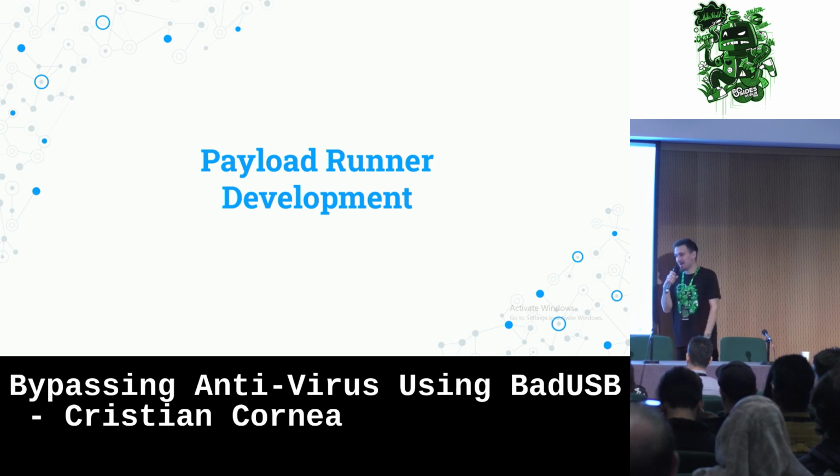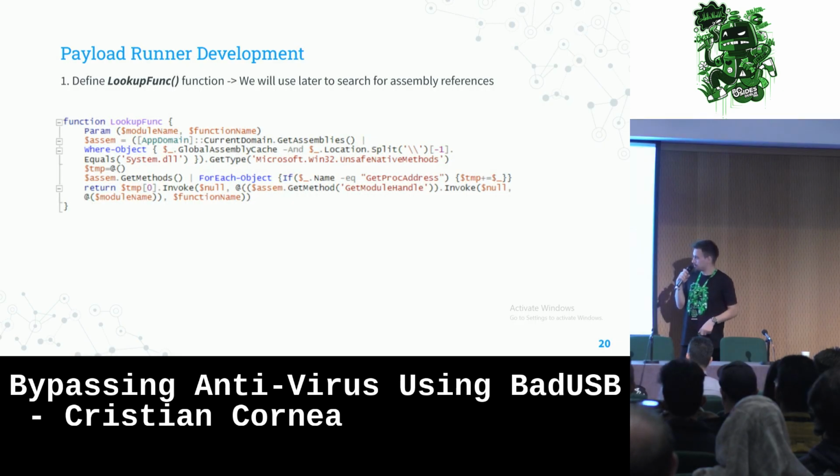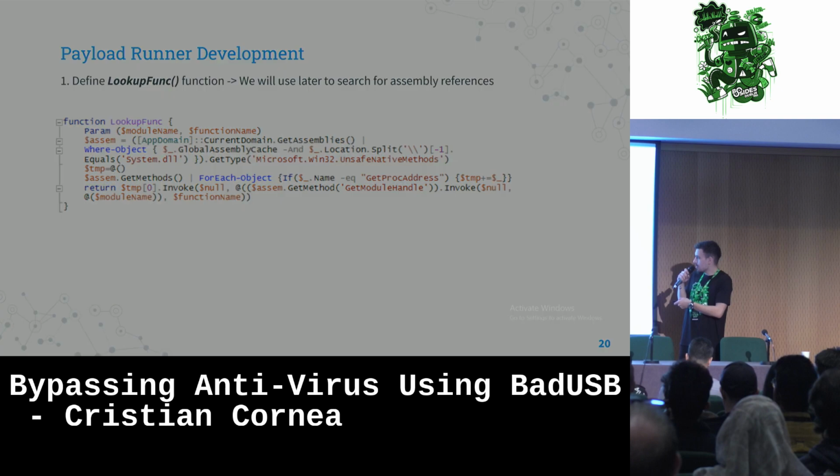So how can we develop the payload runner? Basically, the payload runner will help us to inject everything into the runtime, into the memory. Basically, here we start our payload with the lookup func. This function is used to search some assembly references within the memory, because the time is pretty tight. We won't get into too many details for this function.